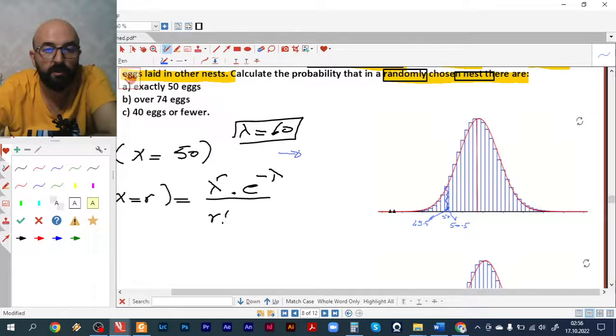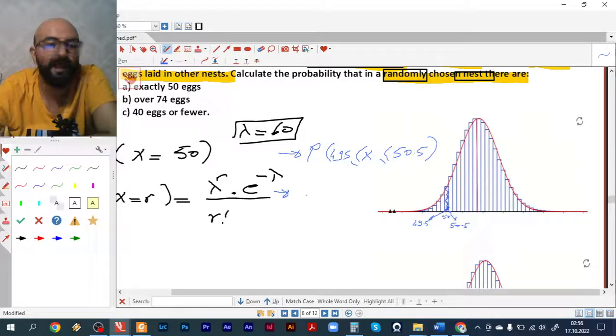So for the normal distribution, you should figure out X less than or equal to 50.5 and greater than or equal to 49.5. The second step, you should make a continuity correction.